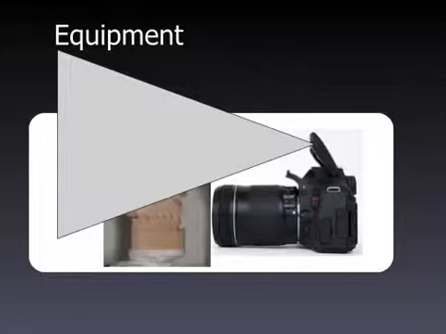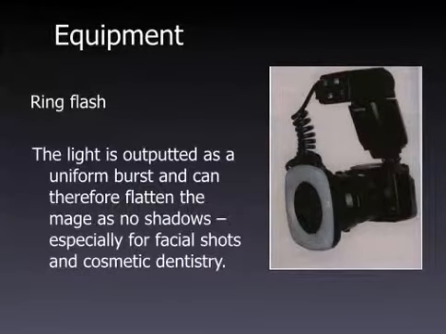And we can see how the light is divergent from the camera flash. And this divergent light doesn't actually fall upon the teeth. So it's no good. This is the reason why we need to use a ring flash, so we can get well illuminated photographs.